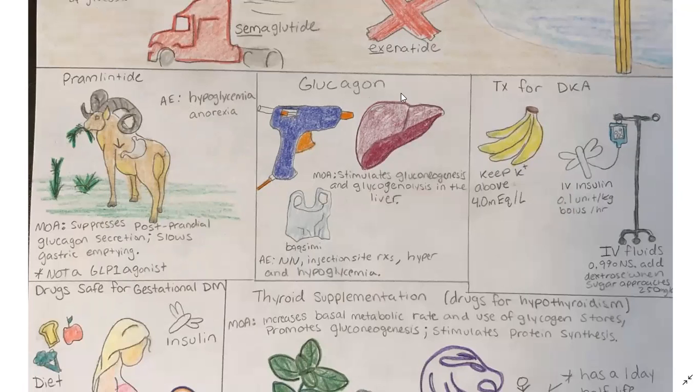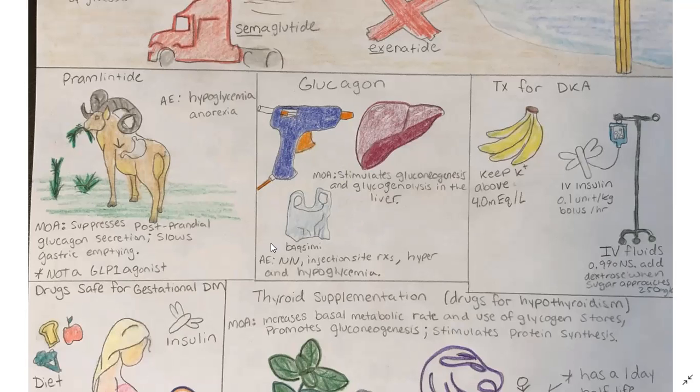Next is glucagon, and this stimulates gluconeogenesis and glycogenolysis in the liver. So this is actually increasing your blood sugar.